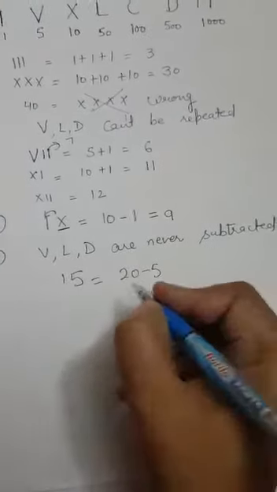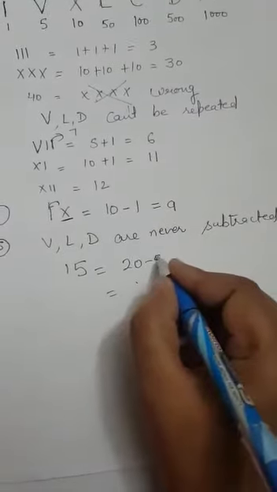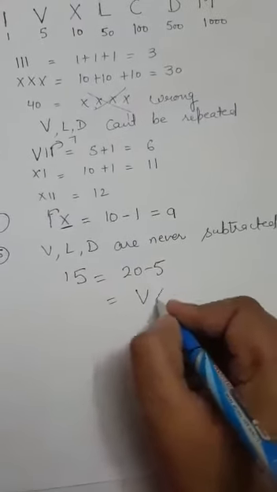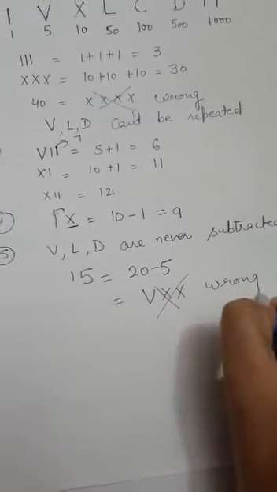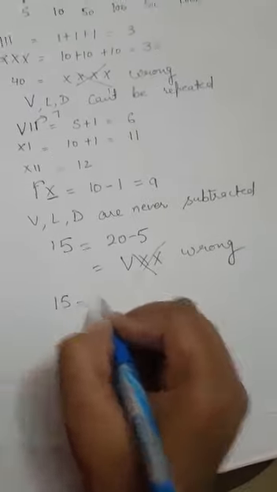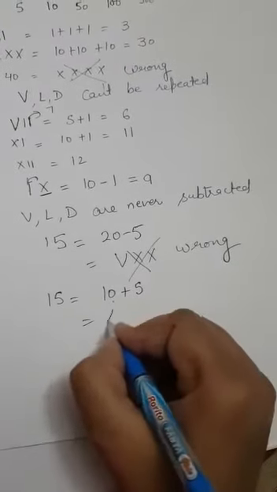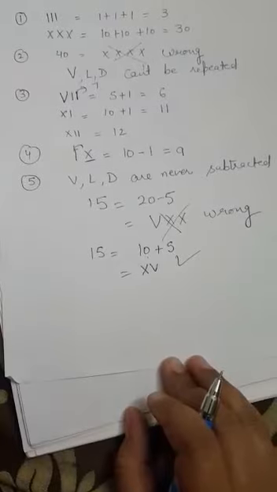If you write 20 minus 5, you would have to subtract V, writing V first, and for 20 you would write XX. That is totally wrong. So how to write 15? You will write it this way only: 10 plus 5, that means X and V. This is correct. Okay?